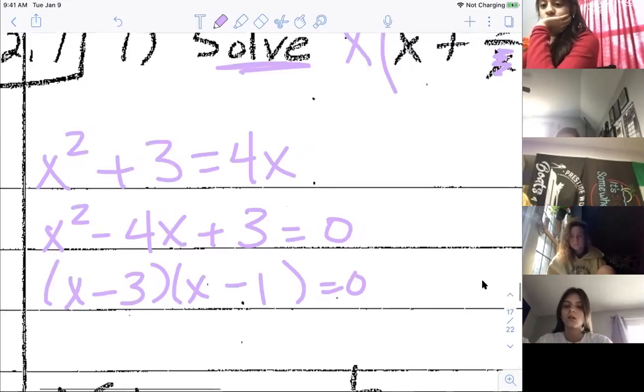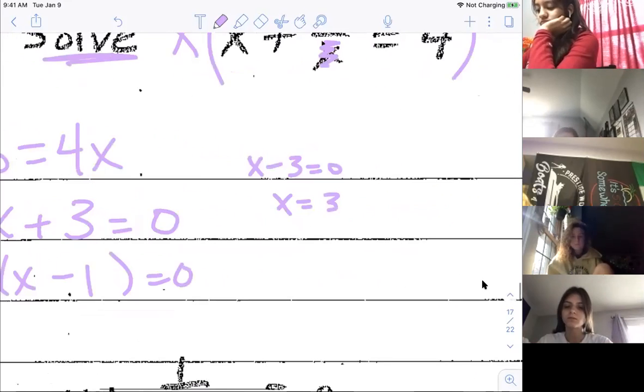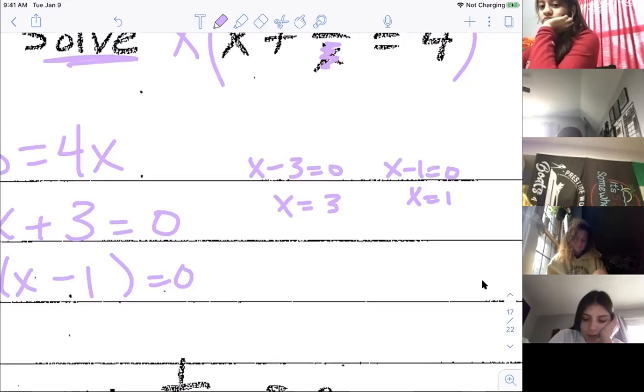Then I'm gonna set each of those equal to 0. You can do this step in your head if you're getting good at it, to know that x equals 3 and to know that x equals 1. But in case you forget, or sometimes with fractions, I tend to not know which way the fraction will go, so I like to do this just in case. So x equals 3 and 1.